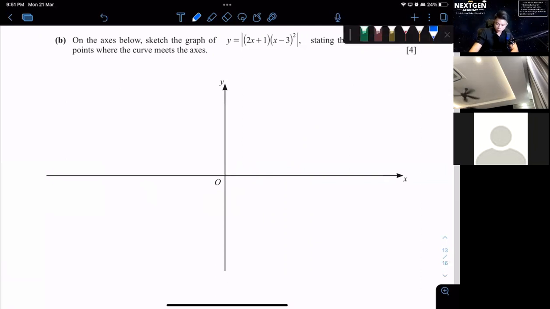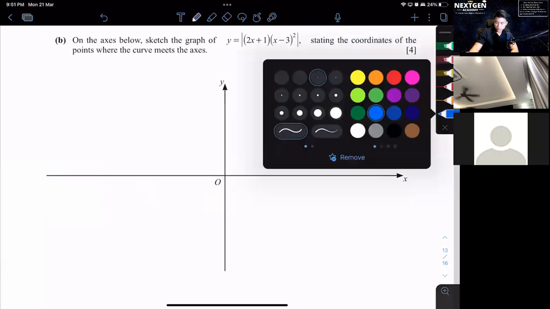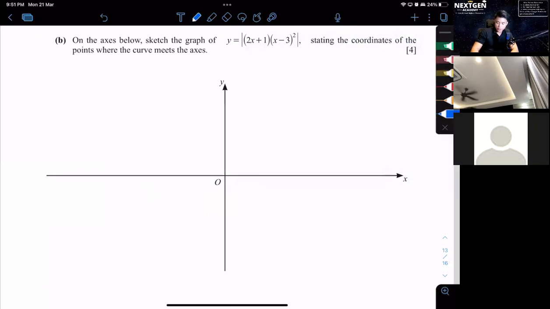Let's see, what graph is this first? It's a cubic graph, right? Because x and then x squared. So cubic graph, that's my shape, and then it's a happy face, smiley face, because it's more than 0.